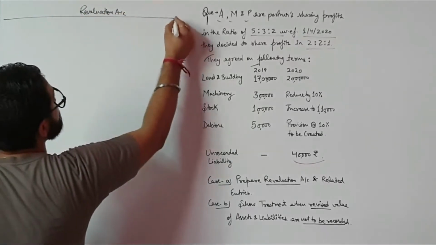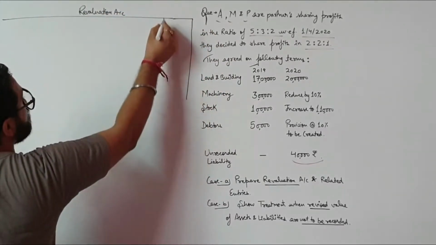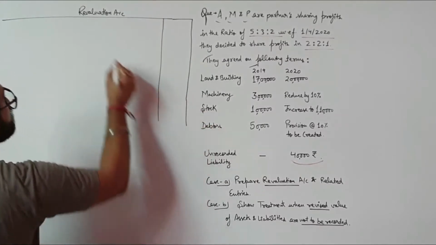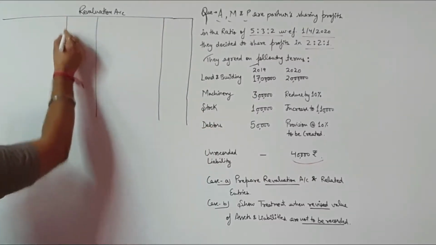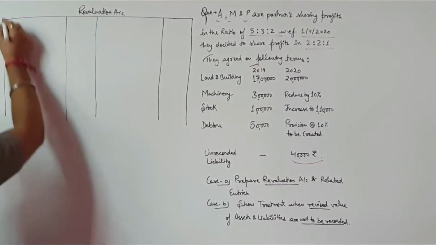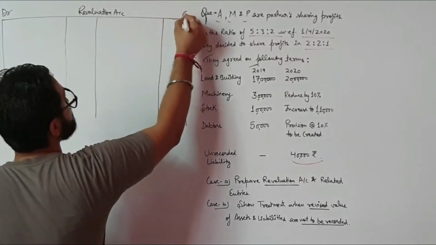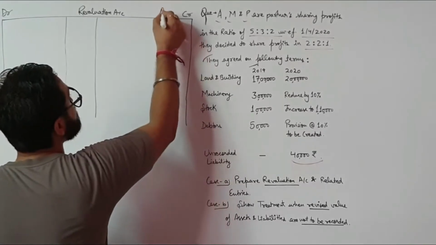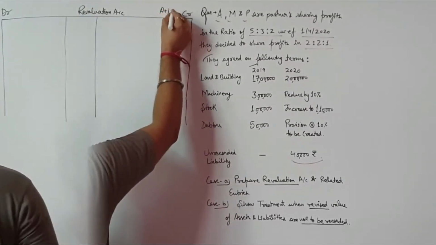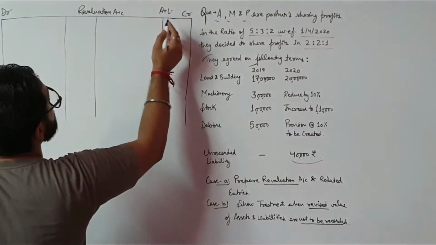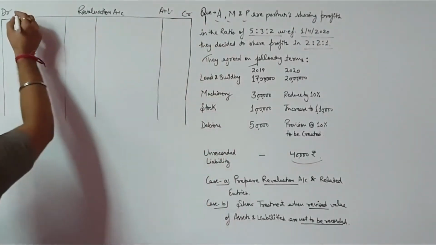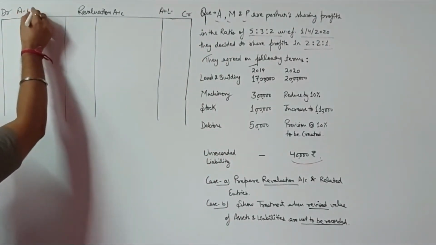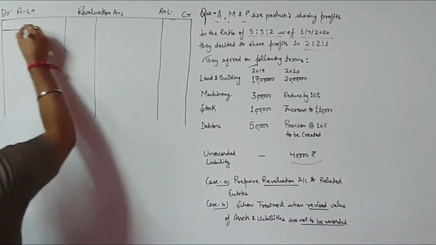The format of revaluation account is a simple T-shape account with a debit side and a credit side. Important thing to learn: if an asset increases or a liability decreases, you have to record it on the credit side, and if an asset decreases or a liability increases, you have to record on the debit side.